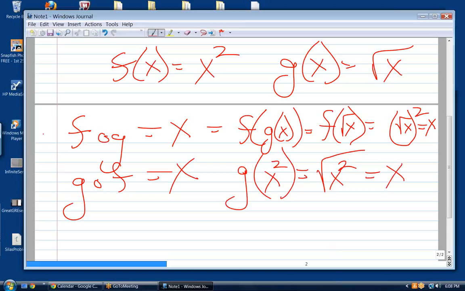So as long as fog and gof are equal to x, then g of x is the inverse of f of x. Two things cannot be an inverse of one another if this isn't true. Both of these have to be true.